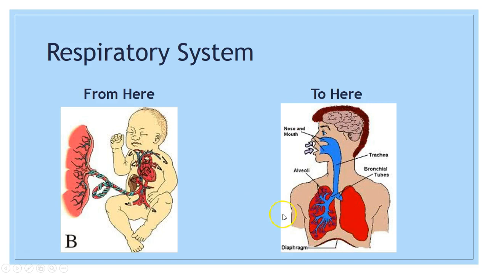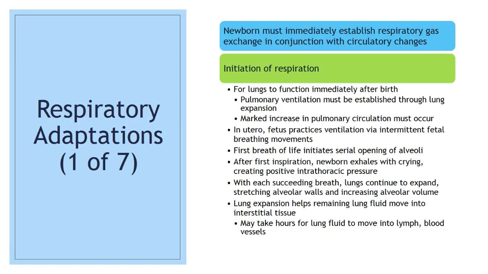To be successful, this respiratory transition must include lung expansion and pulmonary ventilation, and there must be an increase in pulmonary circulation for all of this to occur. So the newborn has to immediately establish respiratory gas exchange. At the same time, all the circulatory changes are happening as well.